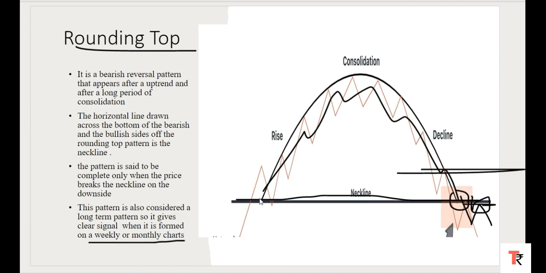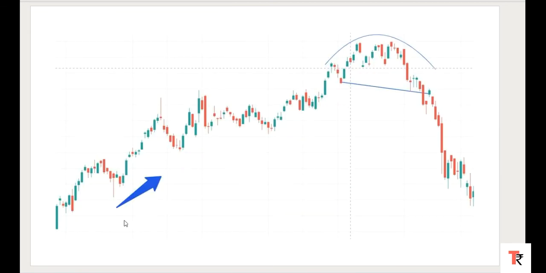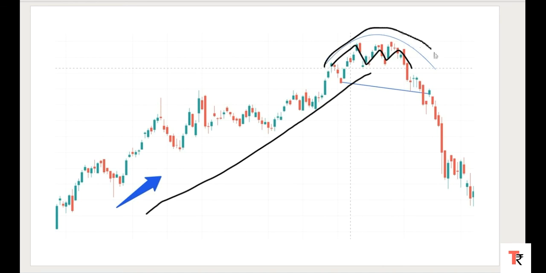Again, this is a bearish reversal pattern, and once it breaks the neckline from the upside, you can wait for short positions here. Let's see an example of this on the chart. You can see after the price moved up, there is a sort of consolidation happening at this level, a sort of rounding top here, and this is the neckline.